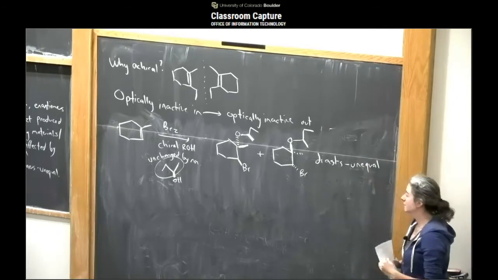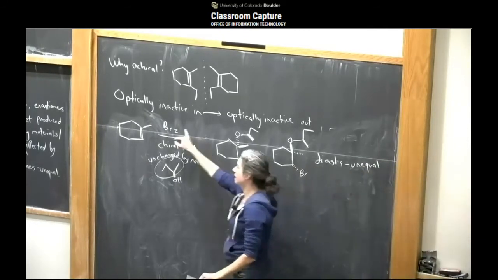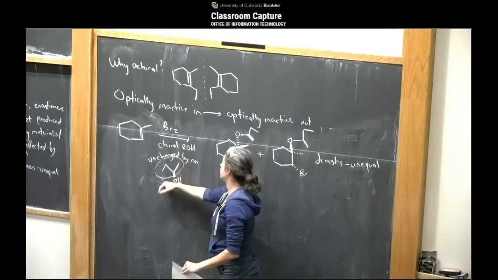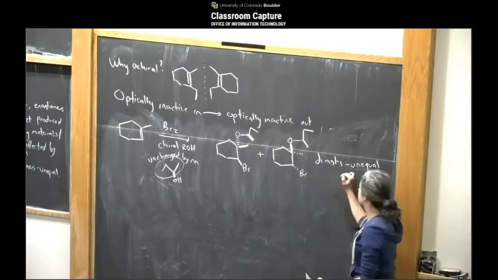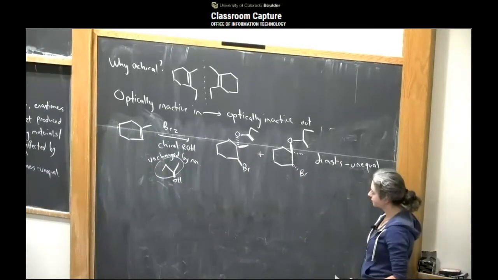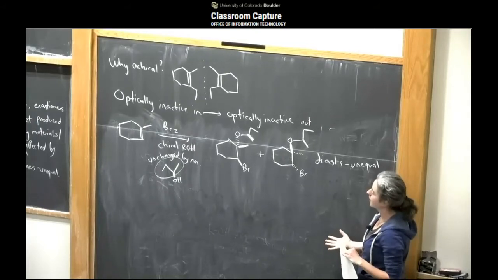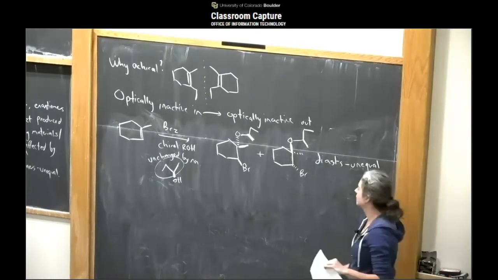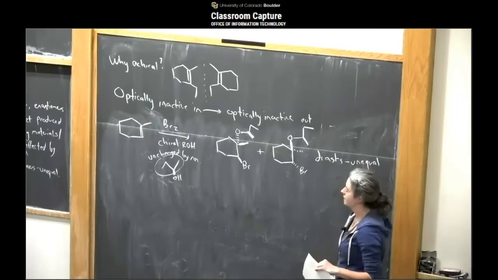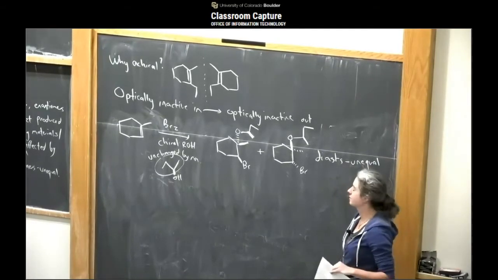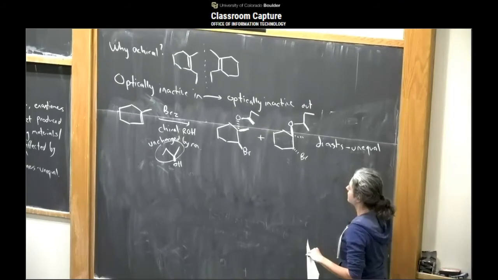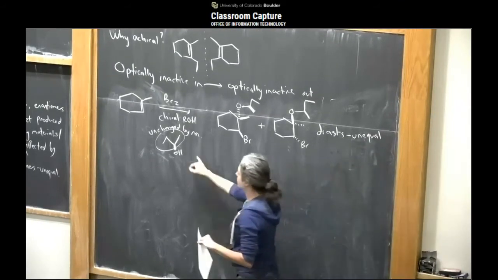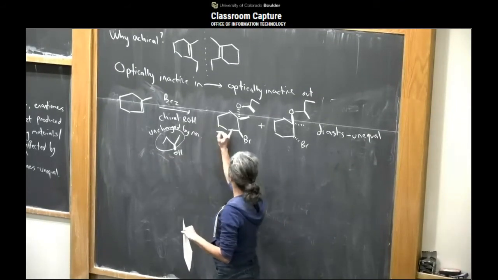Pretty much any way that we introduce chirality into the whole deal is going to end up giving us diastereomers. What's really cool, and I'm not going to get super into this, but it's heavily taken advantage of in multi-step synthesis, which we'll cover a little later, is you can do this with some molecules that don't permanently get incorporated into the molecule.